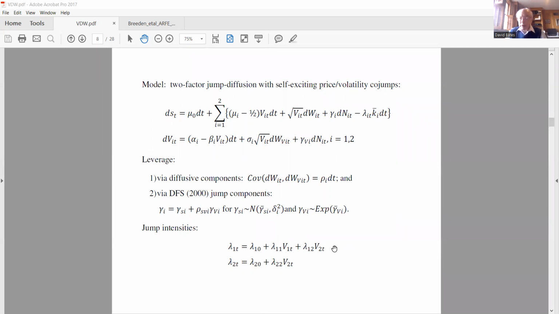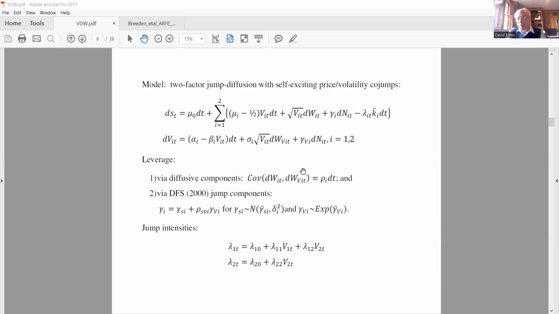And importantly, this is a self-exciting structure. So when we have jumps in either of the variance state variables, they increase the probability of more jumps occurring, and those jumps tend to be negatively correlated between price and volatility. So we have leverage in two facets.